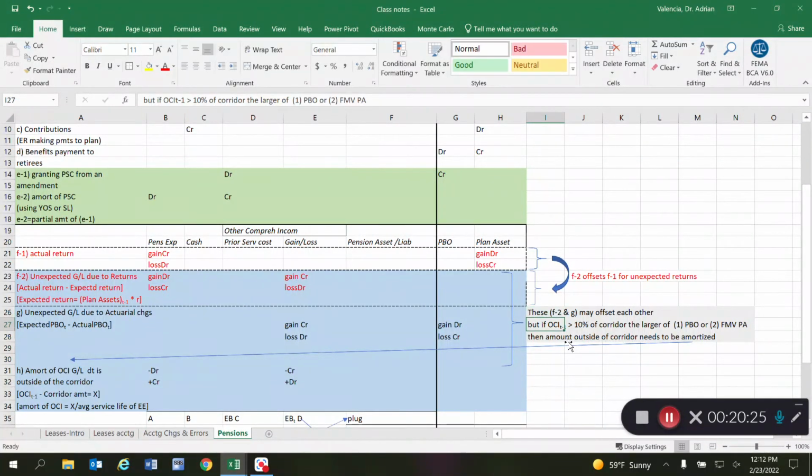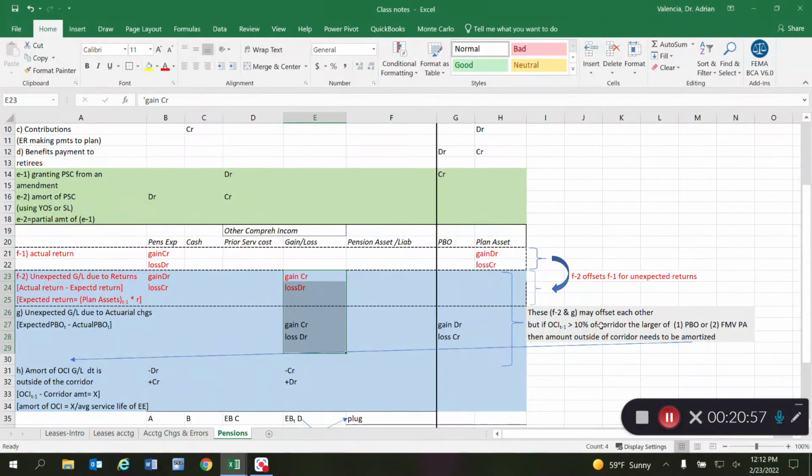So this says the following. If the balance due to F2, which is this stuff, and then the balance due to G, which is this stuff, if they offset each other, that's fine. But if for some reason the other comprehensive income at the beginning of the period, T minus 1, is greater than 10% of something, and don't worry about the something yet, then we need to amortize some of it.